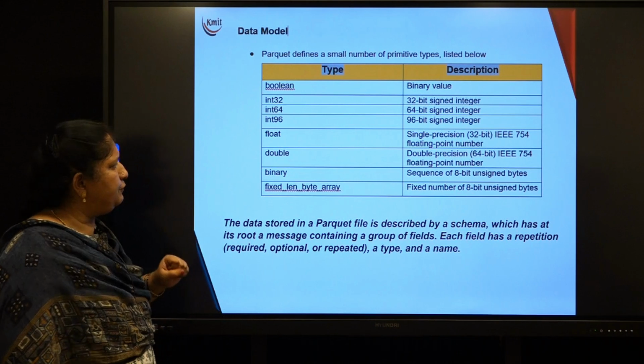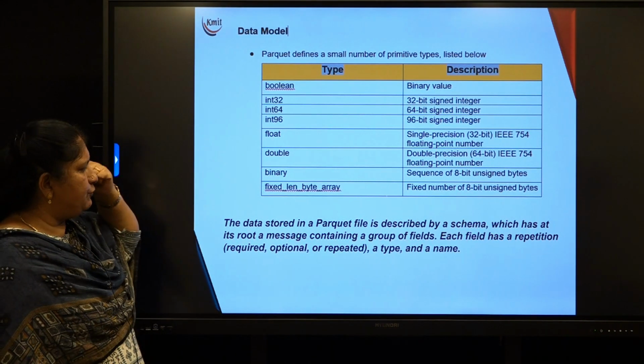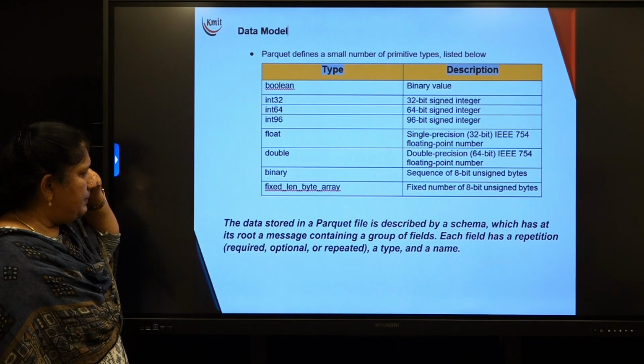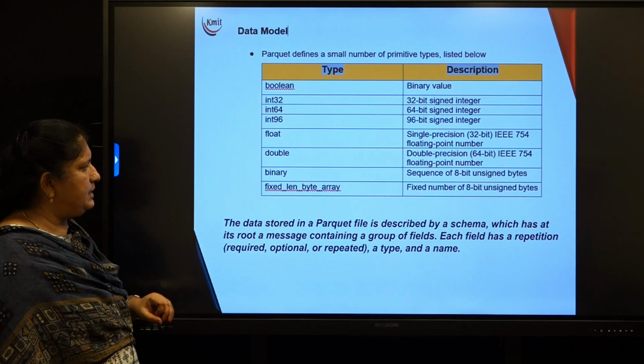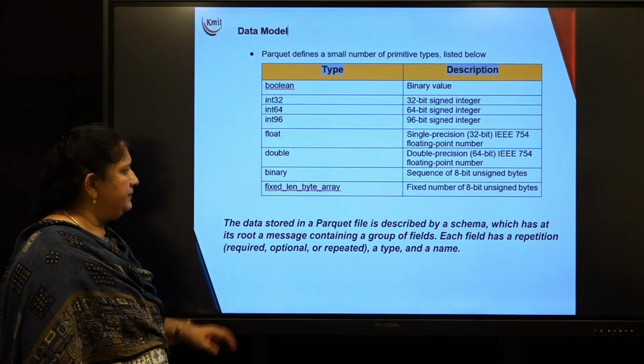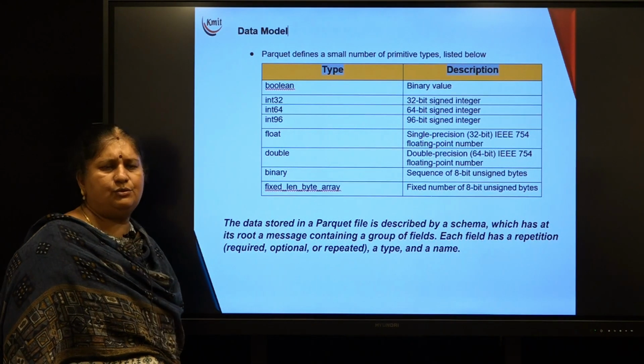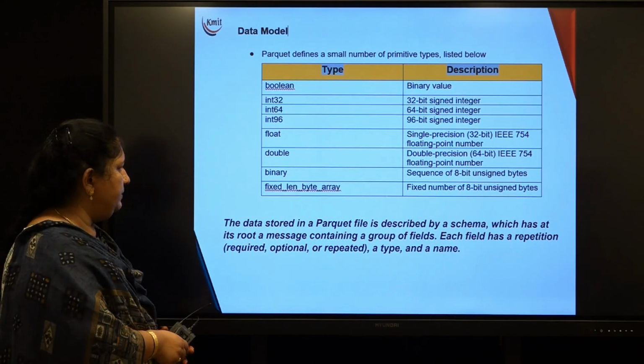Apart from this, float, two types, float and double, 32 and 64 bit floating point numbers. Apart from that, the binary data type is there, which takes care of a sequence of 8 bit unsigned integers. Apart from this, fixed length byte array is there, which is always 8 bit unsigned bytes.